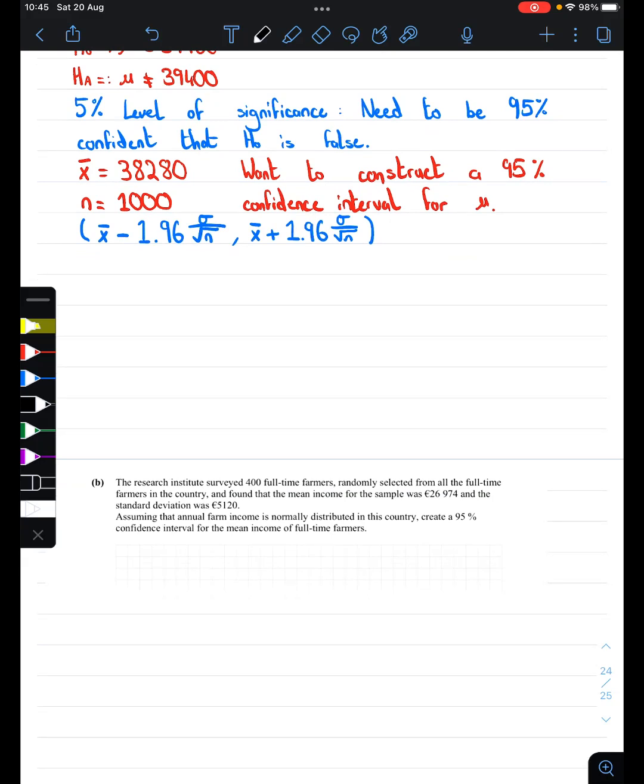Okay, so if we just fill this in, we will get a 95% confidence interval. Sample mean 38,280 minus 1.96 times the standard deviation, 12,920, over the square root of 1,000.